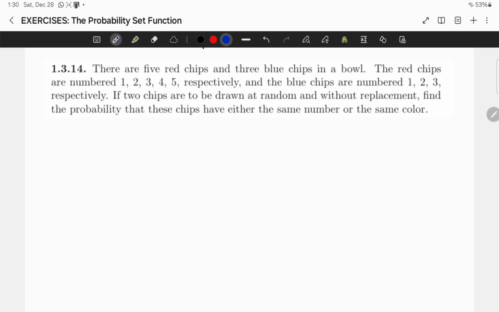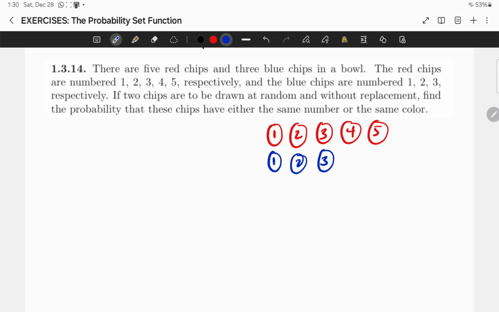So let's see, we have 1 red sheep, 1, 2, 3, 4, 5. Then blue, we have 1, 2, 3.